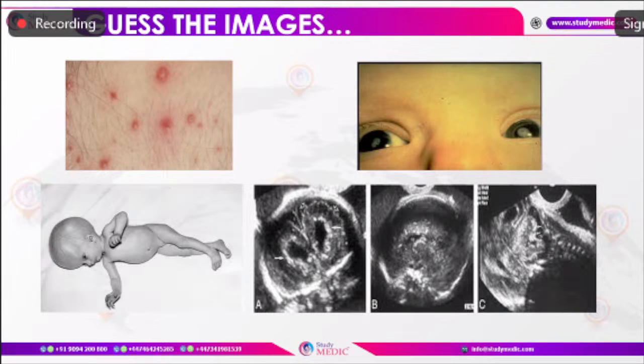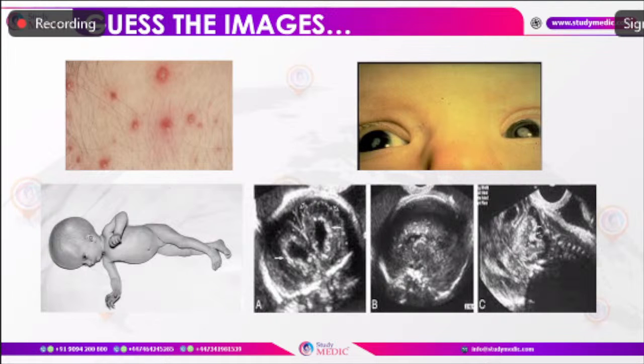When we closely observe, the eyes have cataract. This is very specific of Rubella. The third baby down below, we have a baby whose head is quite large compared to the body. That is hydrocephalus. As we know, hydrocephalus can be associated with cytomegalovirus. Not to forget, even toxoplasmosis can have a hydrocephalus baby.